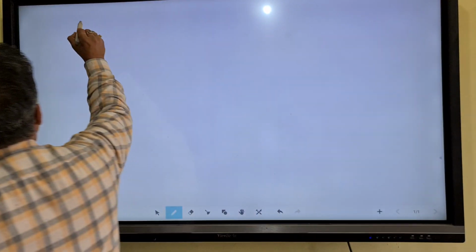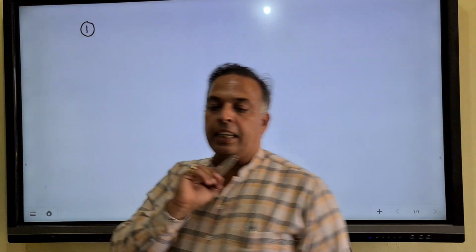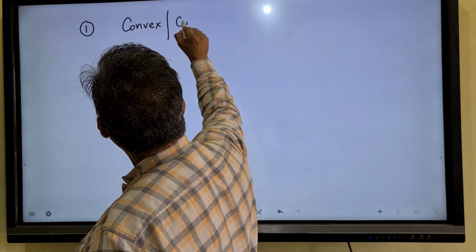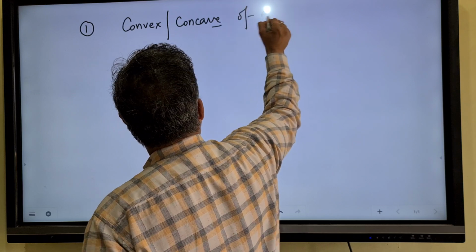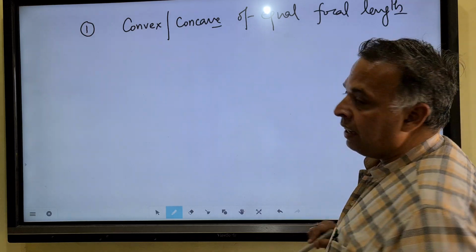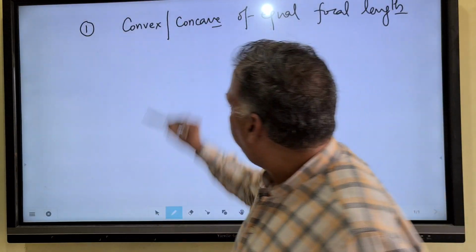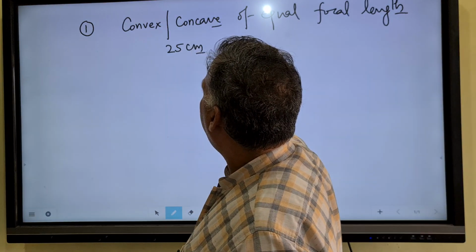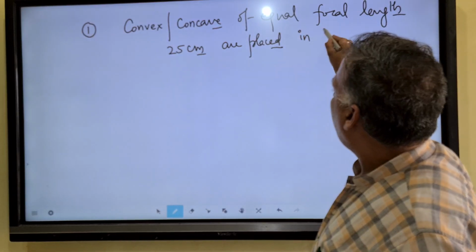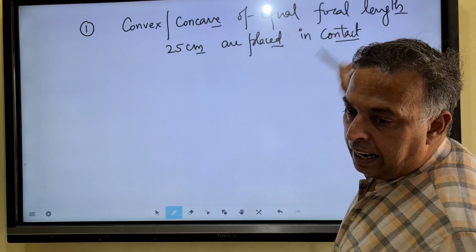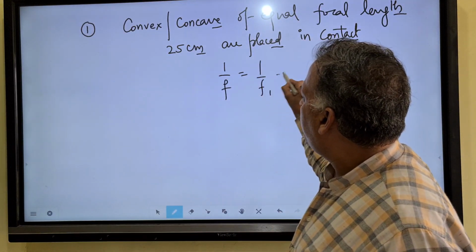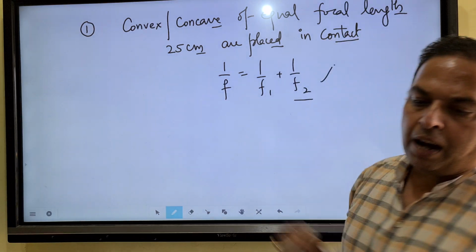Here is a question. A convex lens and a concave lens of equal focal length, 25 centimeter, are placed in contact. Find the power. So 1 by f is 1 by f1 plus 1 by f2, which is the power.